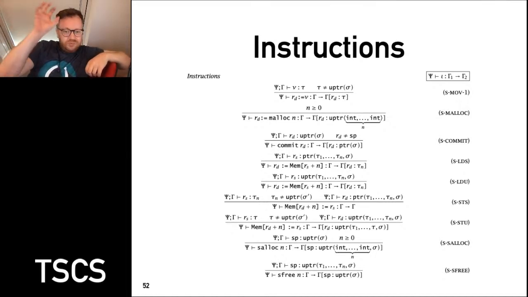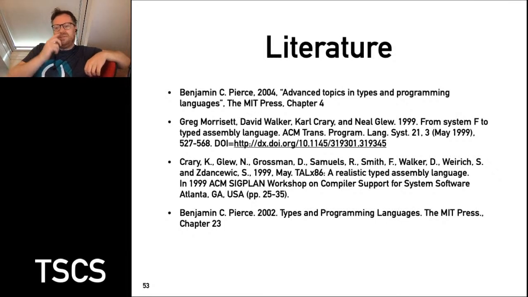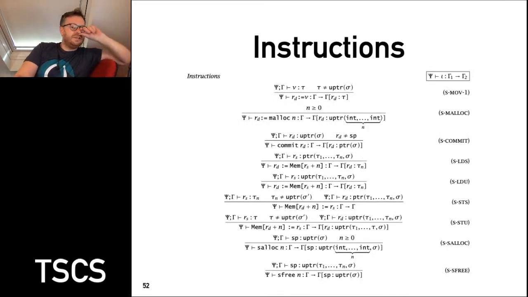Good. I won't do a proof for that because it's again rather mechanical, and as you can see, there are lots of additions. I mean, this looks like a lot, but it actually isn't. It follows pretty much the same principles. So these load and store instructions are pretty much the same. The salloc and sfree rules are a little bit different to model the stack, but they work the same as unique pointers of integer type.